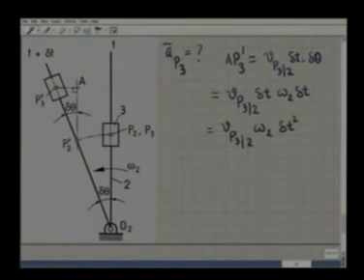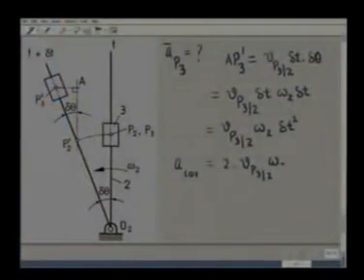That is the magnitude of A Coriolis. What is the magnitude? That is twice Vp3/2 into omega 2, because with this acceleration I can cover a distance half A Coriolis into delta t squared during the time interval delta t, which gives me back this AP3 prime.